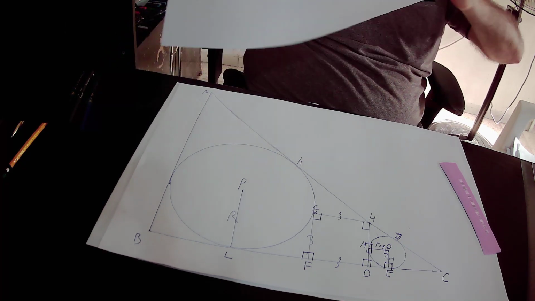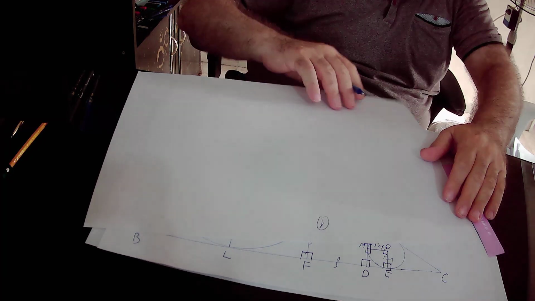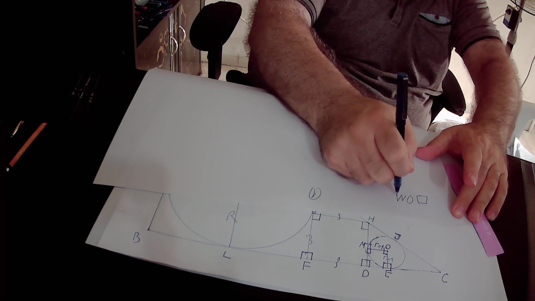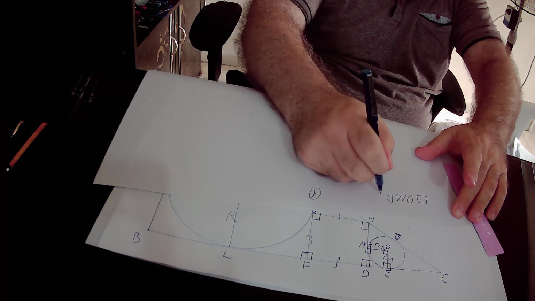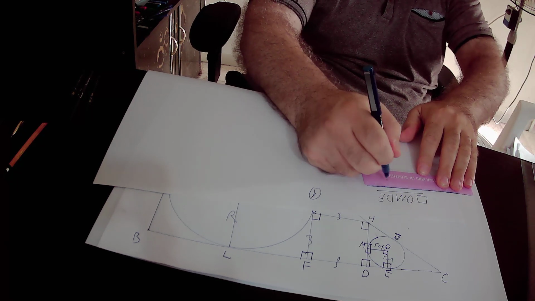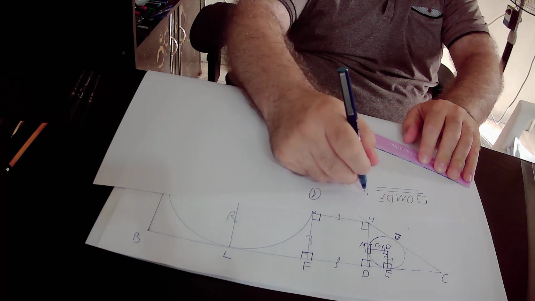I write it down. Quadrilateral OMDE is a rectangle.